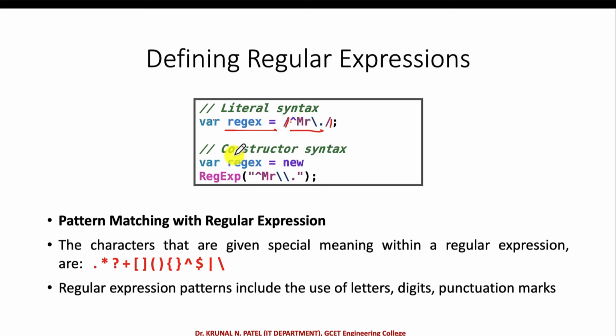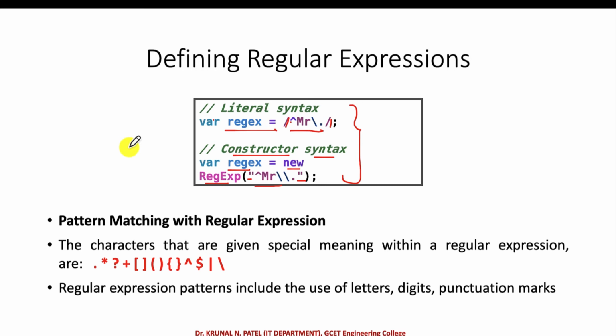Now, constructor syntax. If I want to go for constructor syntax, I can define one variable and use the new keyword, right? So we are going to create an object anyway. So the RegExp constructor, and in brackets you provide your particular pattern in double quotes, right? So these are the two ways you can define regular expressions in JavaScript, right?